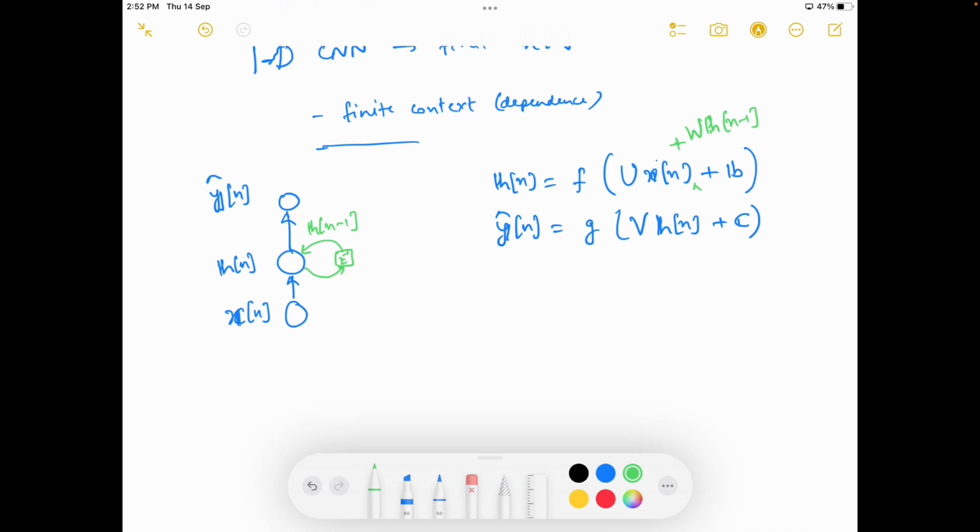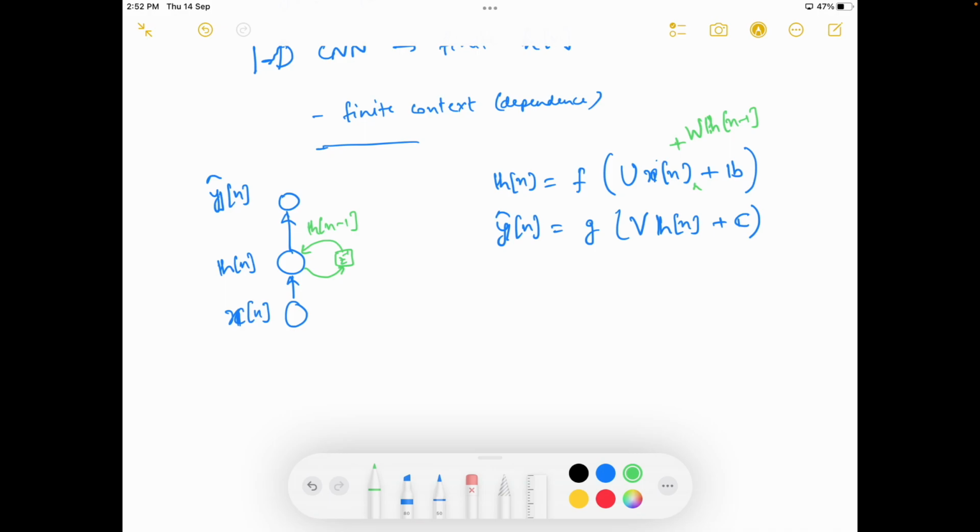Would the recurrence happen before applying the non-linearity or after? Because in this case, then there would be an inverse function relation if we want to simplify it. If we want to simplify or analyze this, there is an inverse function dependency between the recurrence, the past term and the current term.